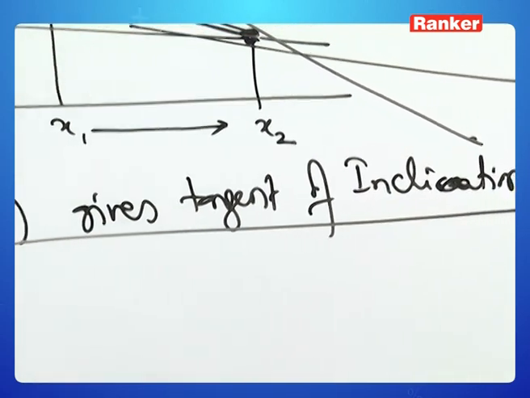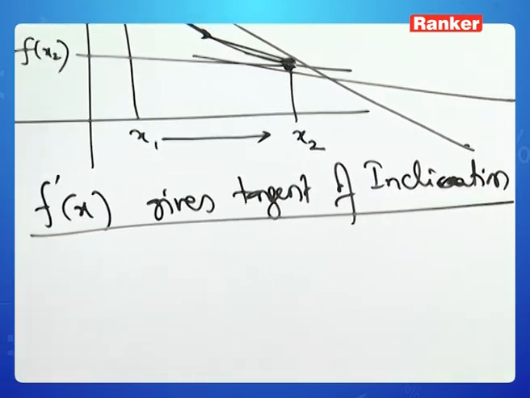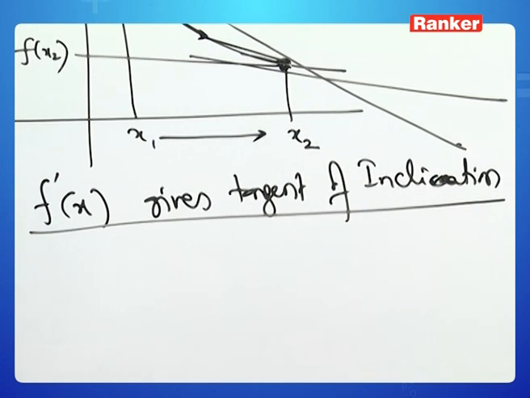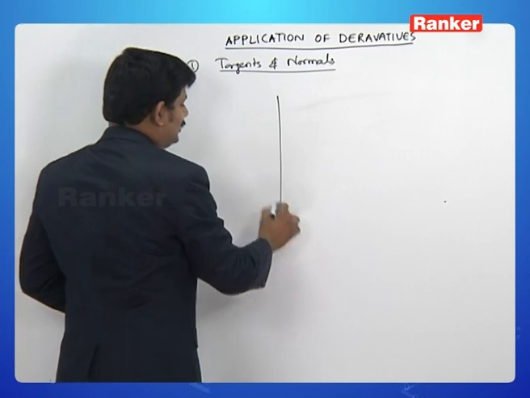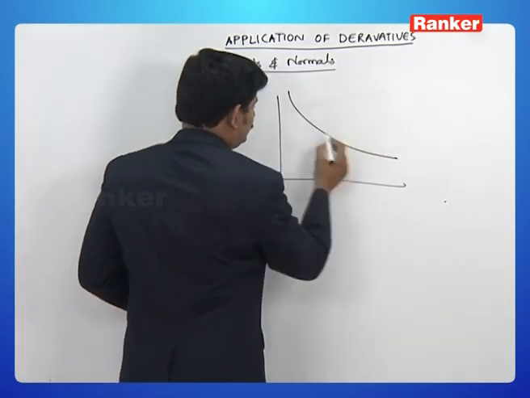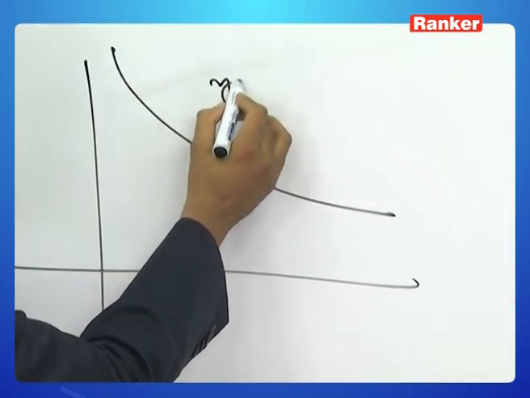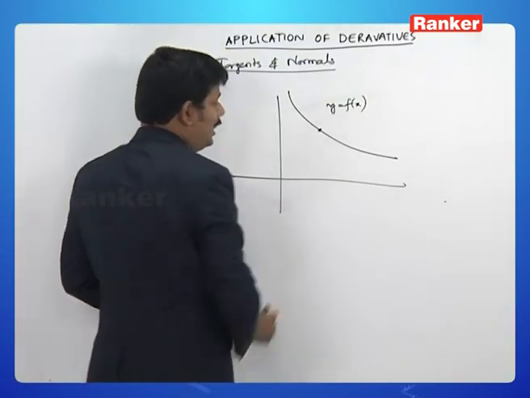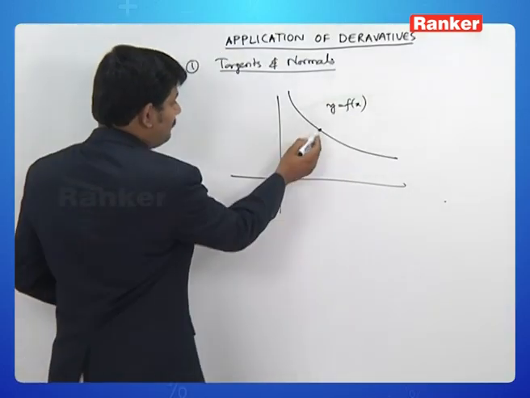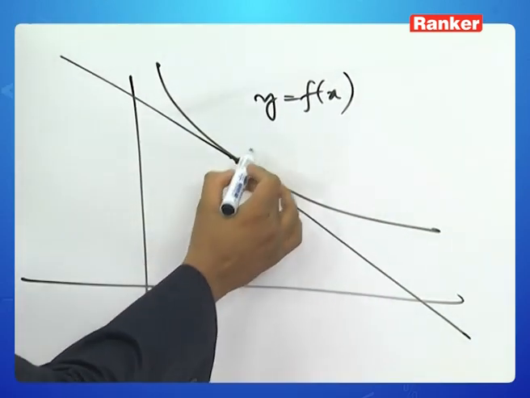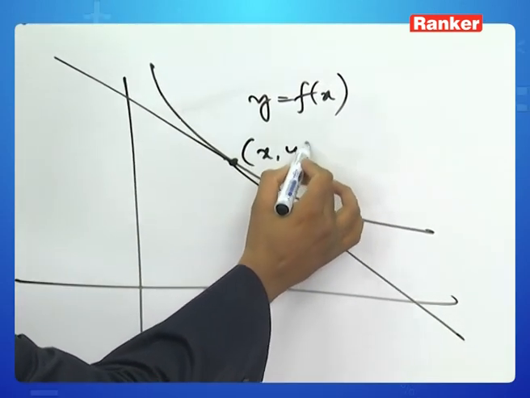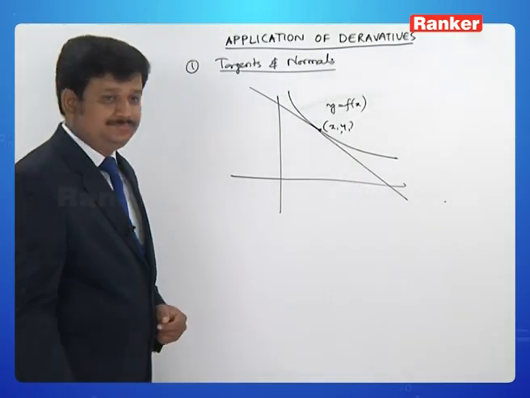So, in this chapter we will be talking about how to make use of f dash of x in terms of finding tangents and normals. Let us say we have a curve y is equal to f of x, and our target is to find tangent at a point whose coordinates are x1 and y1.